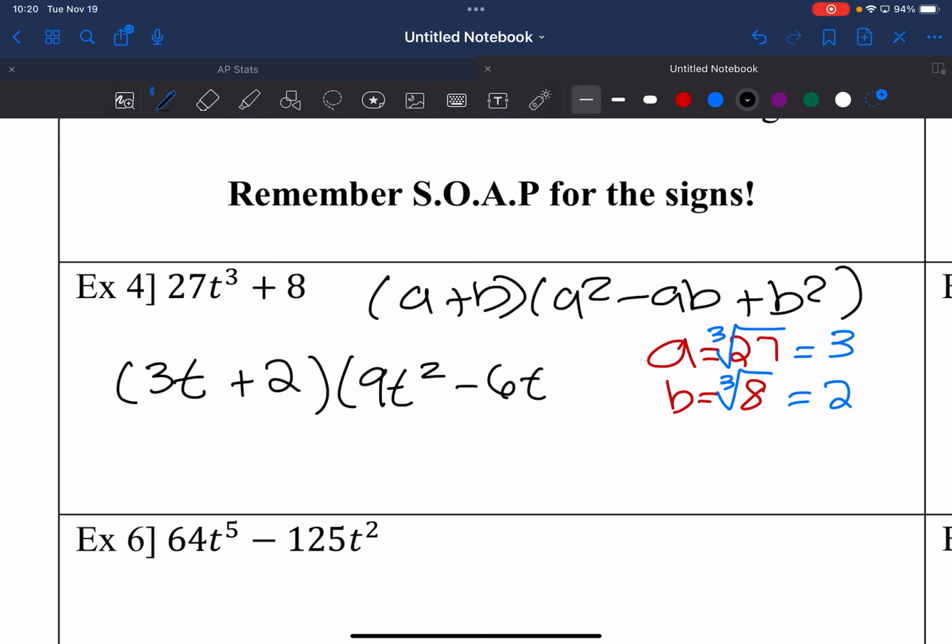Wait, why are we squaring the a if we're going to put a squared again next to it? Couldn't you just put 3t squared? What do you mean? For the 9t squared, you squared the 3 and then added the t squared. For the variables, you're always going to have in that second parenthesis something that looks like a quadratic.